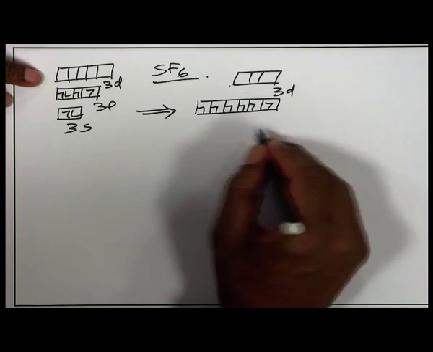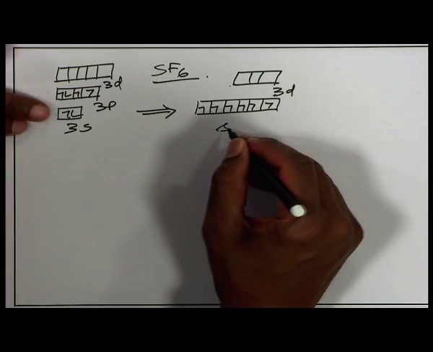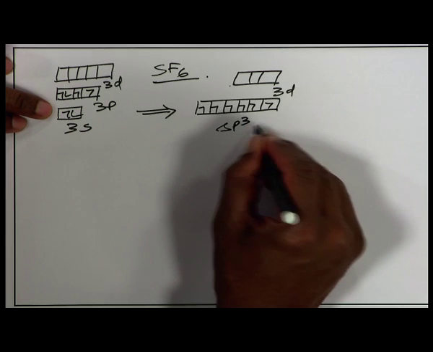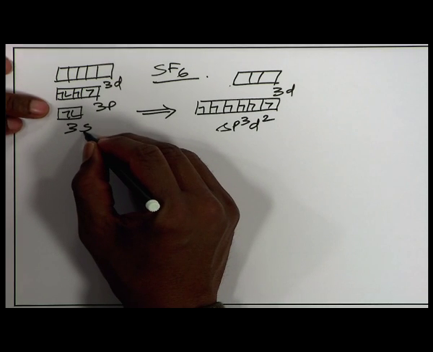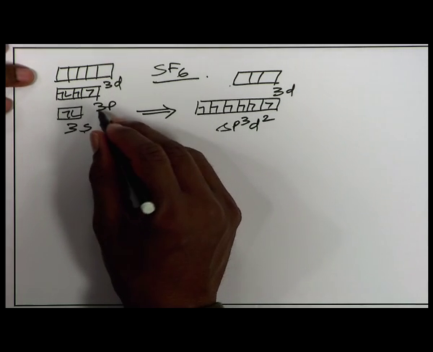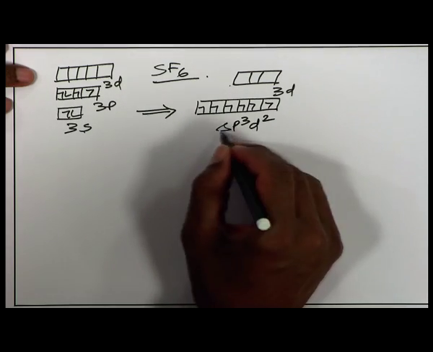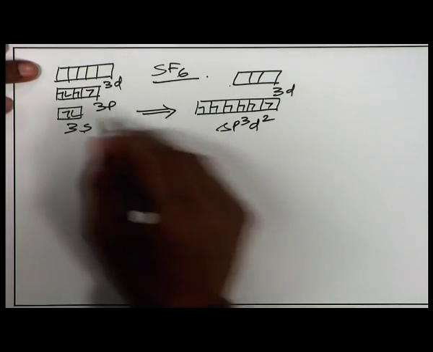which are empty. Here this one is the sp3 and then d2. So, 1 s orbital and 3 p orbitals, so sp3, and then 2 d orbitals were used.